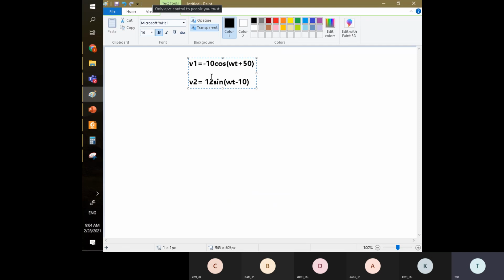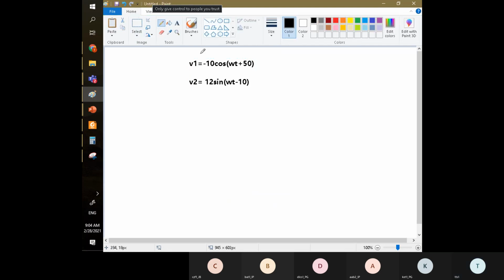So you need to find which one is leading which one. This is a degree. Which voltage is leading which voltage? Okay, I give you some time to try. Later on we need to focus on your assignment, because all this is related to the assignment.